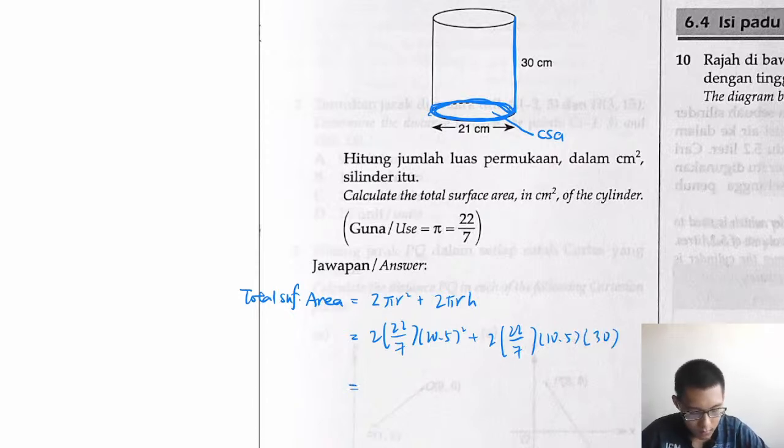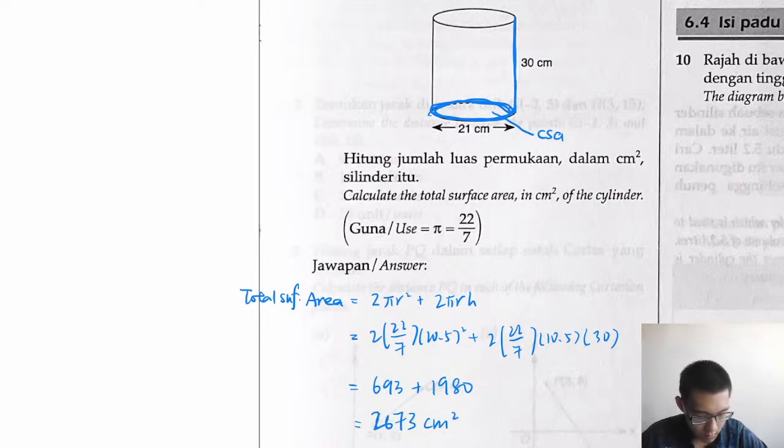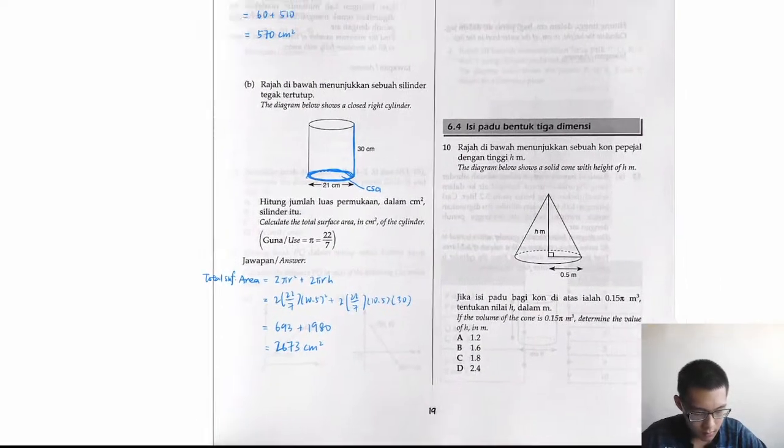So now we calculate 2 times 22 over 7 times 10.5 square, which is 693, and the calculator can be used. Then 2 times 22 over 7 times 10.5 times 30 is 1980. Finally, we get the sum of these two, 2673 cm square. Okay, so the answer is this.